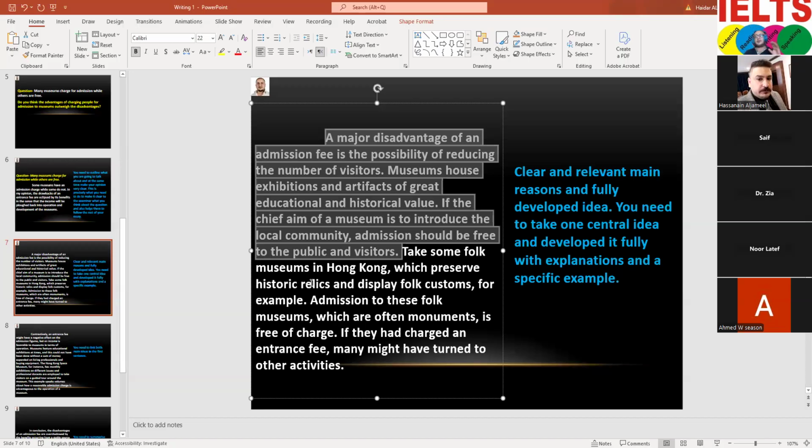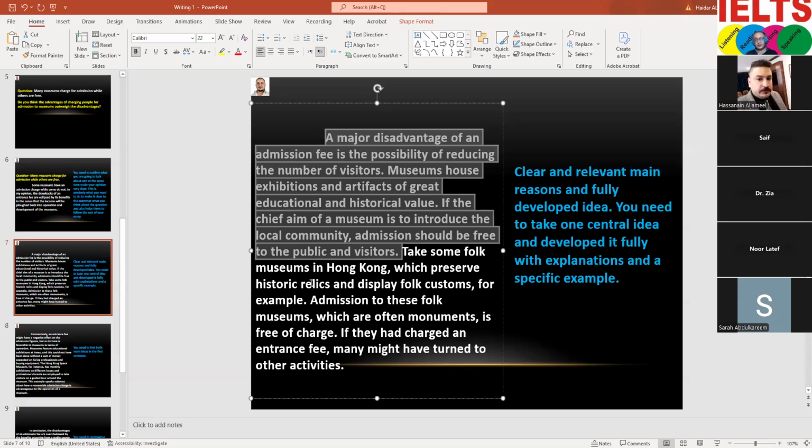But we will face a big problem here. In the IELTS essay, you have to write at least 250 words. This paragraph is very short. So, in this case, we need to expand this paragraph, to make it bigger and longer than it is, because this is very short.